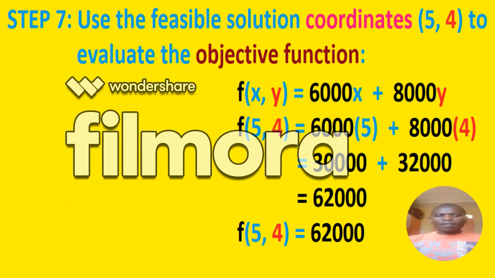Therefore, f(5, 4) equals 6000 times 5 plus 8000 times 4. That's 6000 times 5, 30,000, plus 32,000, that is 8,000 times 4, and that gives us 62,000. So therefore, the value of the objective function is 62,000.